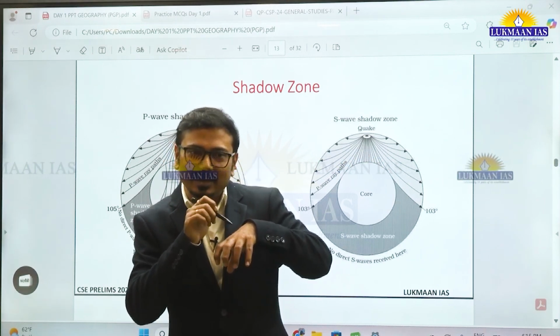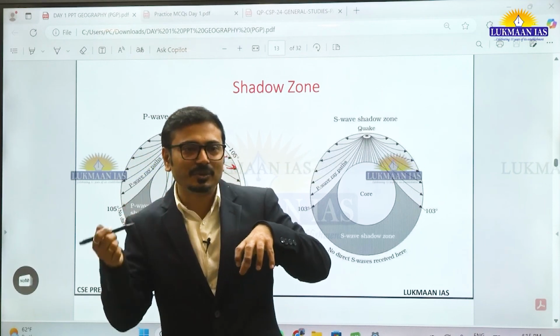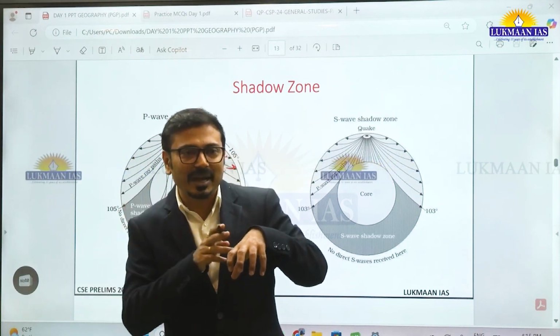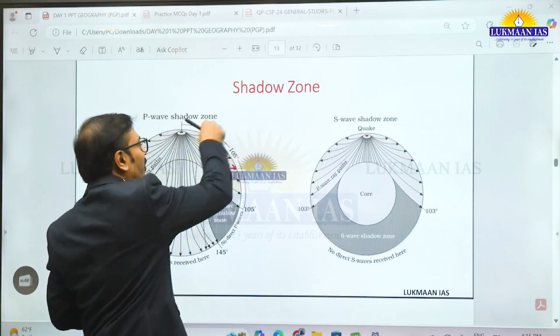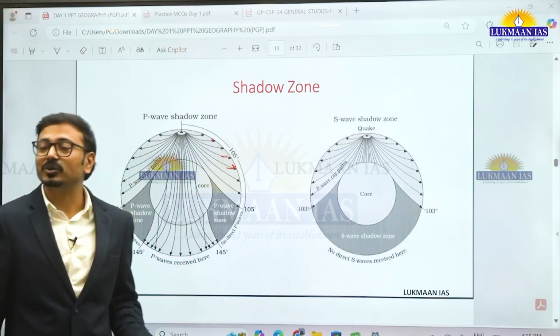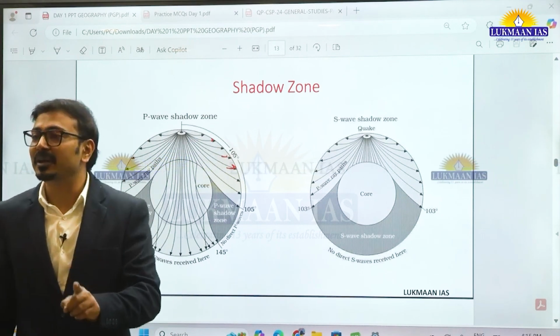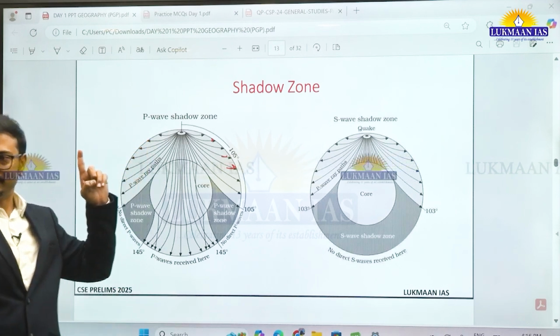But when light is coming out of the glass, it is high density to low density material, so refraction was away from the axis. That's why we are saying this. And from this we have understood that the density of material goes on increasing from the surface to the interior of the earth. Composition.